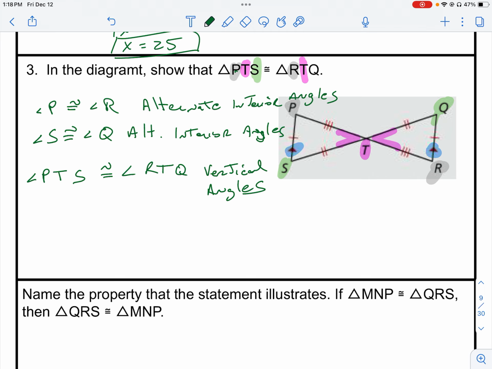We've got three sides, so we have triangle PTS is congruent to triangle RTQ. Corresponding parts of congruent triangles are congruent.